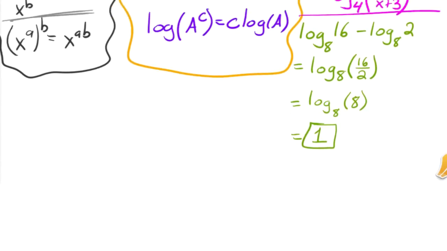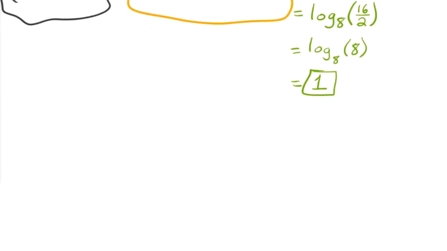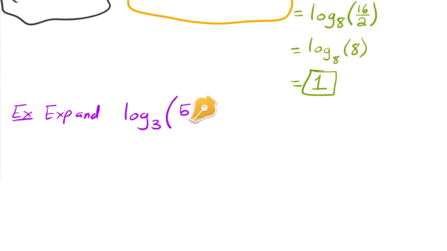Okay, now let's do an example of expanding. Let's say you want to expand the log base 3 of 5x squared over z. Okay, so I'm going to use the laws of logarithms.